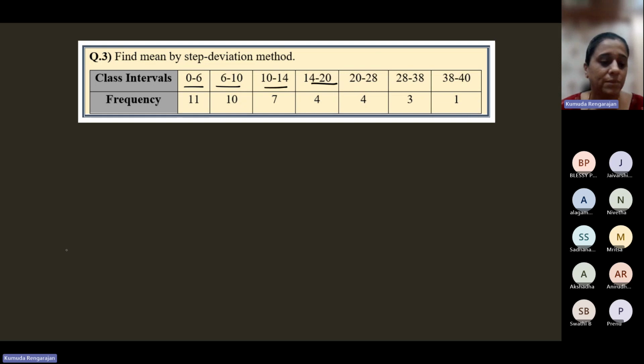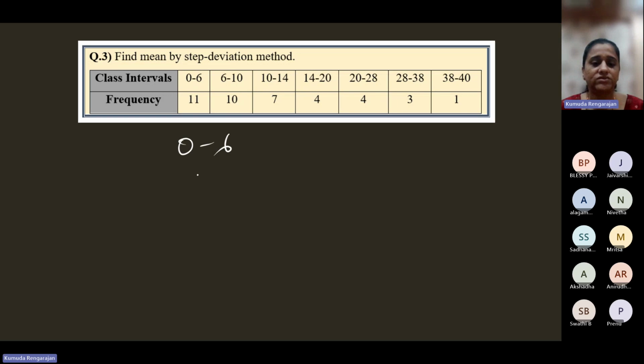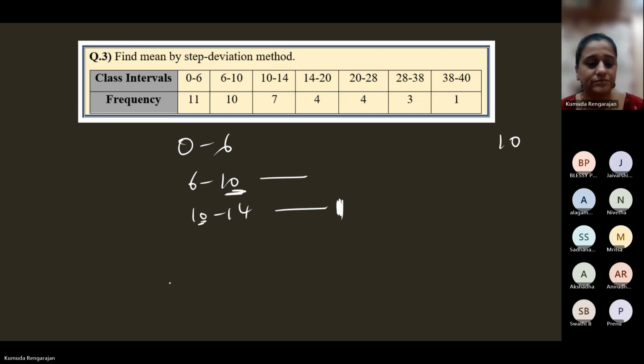The upper limit 6 is not included in this class interval. It belongs to the next class interval. Supposing you have the value 10, you will not put a tally mark here. You will put it here, because 10 is not a part of this one. It's a part of this one.